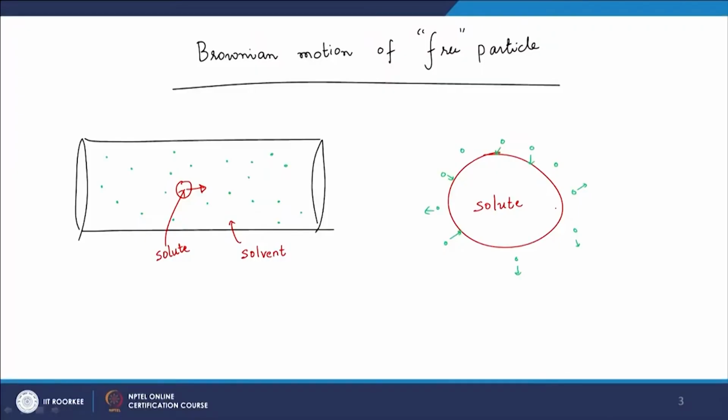And the solute also can have some motion V that again can change in direction with time, because at every moment it is experiencing a different configuration of water molecules around it, or different orientation of water molecules around it, or different momentum of water molecules around it.